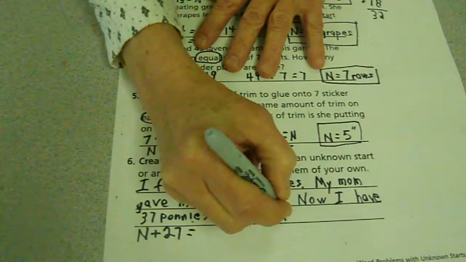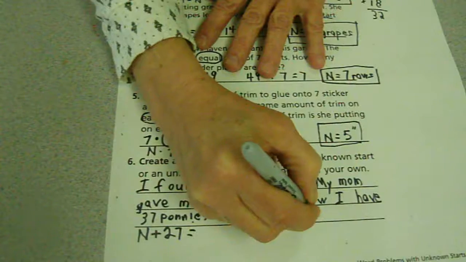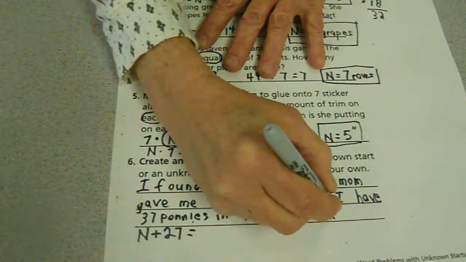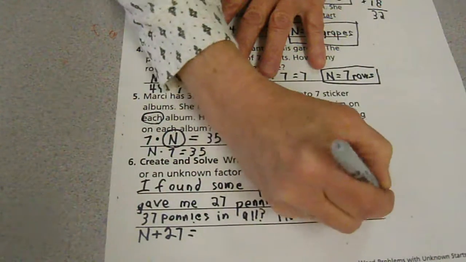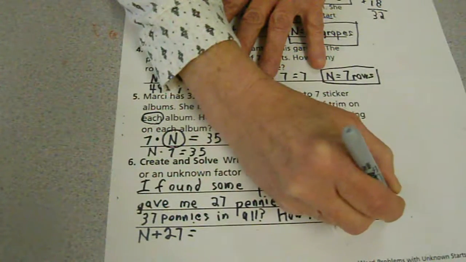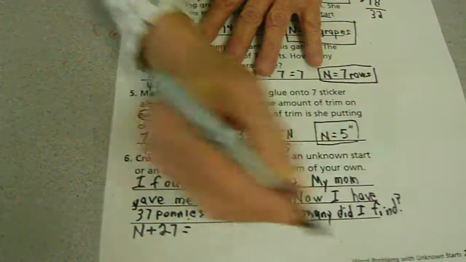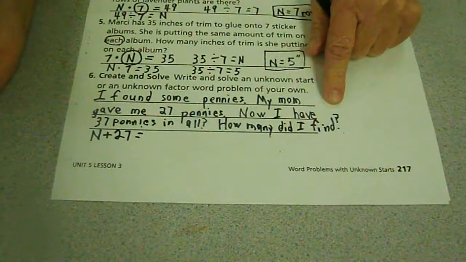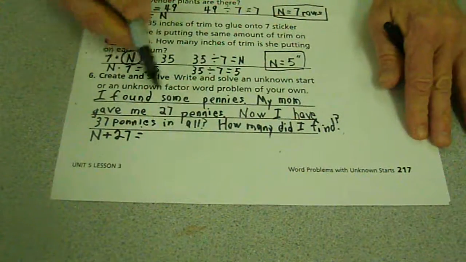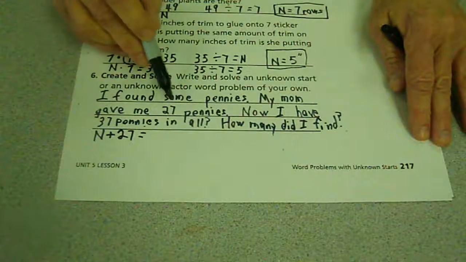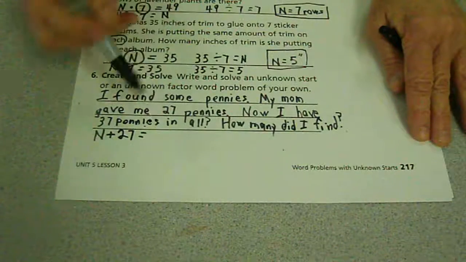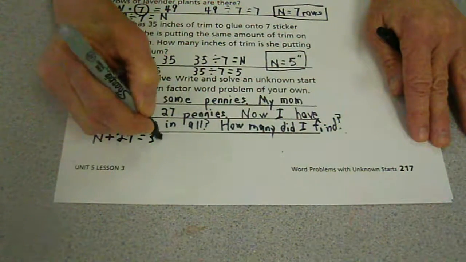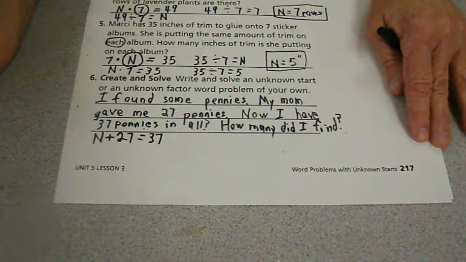How many did I find? And I'm going to put a question mark there because that's a question. I found some pennies. My mom gave me 27 pennies. Now I have 37 pennies. I put my 37 in. How many did I find?